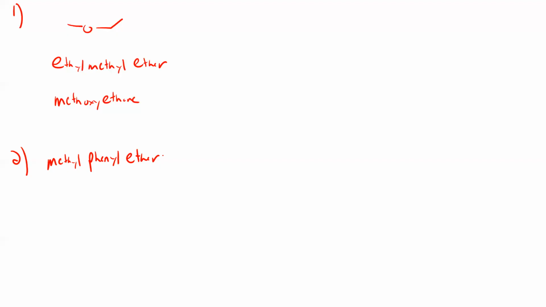You have 2 cyclohexyl groups, so it's going to be dicyclohexyl ether, because you have two 6-membered rings that are separated with an ether group. An ether group is your ROR. So we have questions 1 through 3 done.